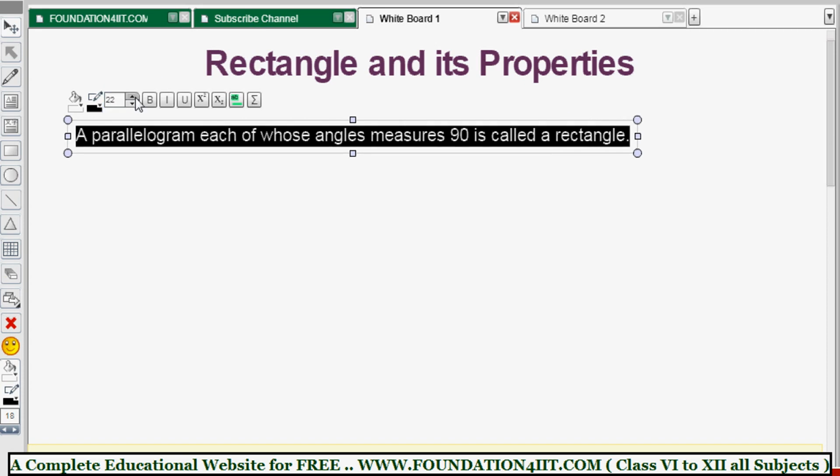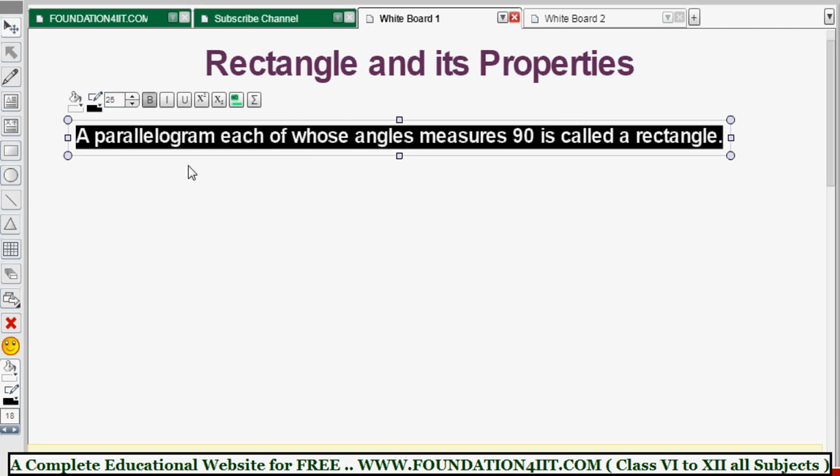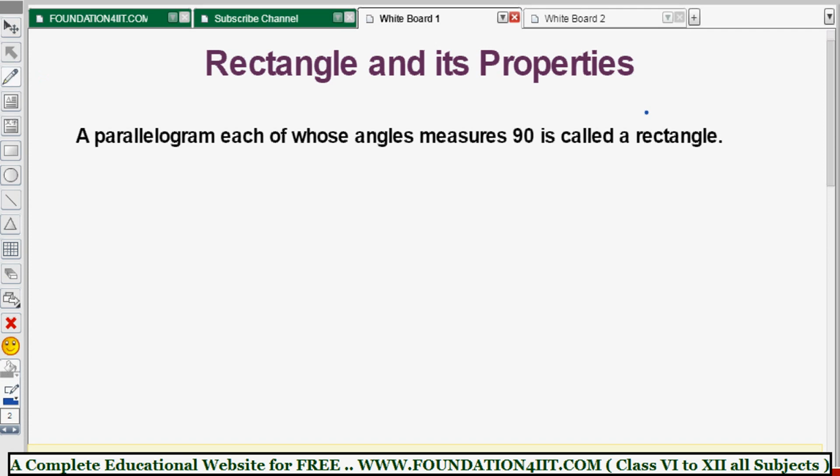So when you compare, the rectangle actually comes from the parallelogram. It's 90 degrees. We have seen the properties of the parallelogram previously. Now a parallelogram each of whose angles measures 90 degrees is called a rectangle.